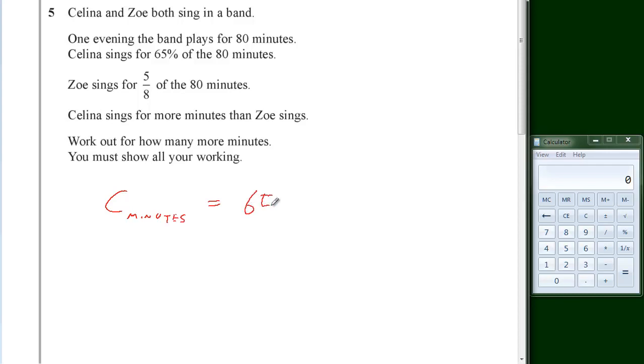65%, we show that as 65 over 100, times 80. We do this on the calculator. 52 minutes.